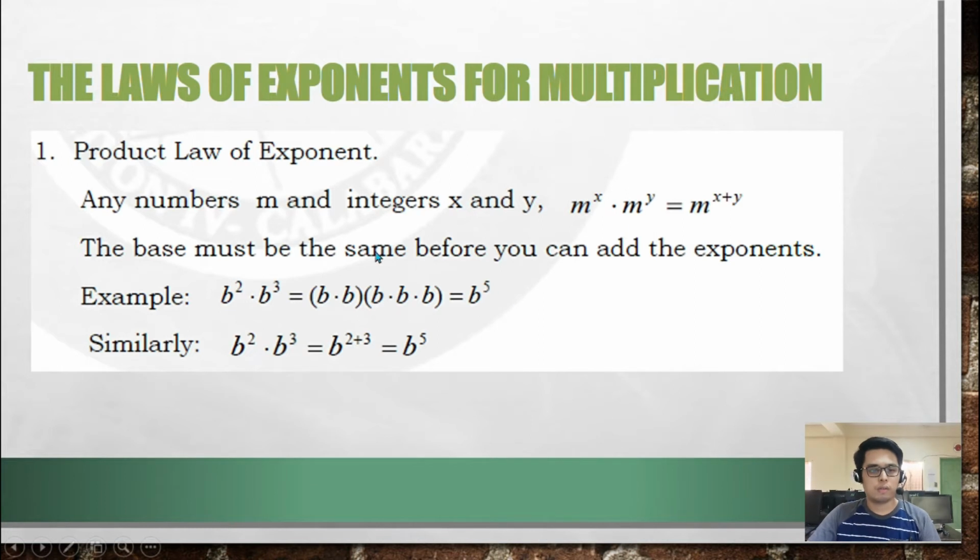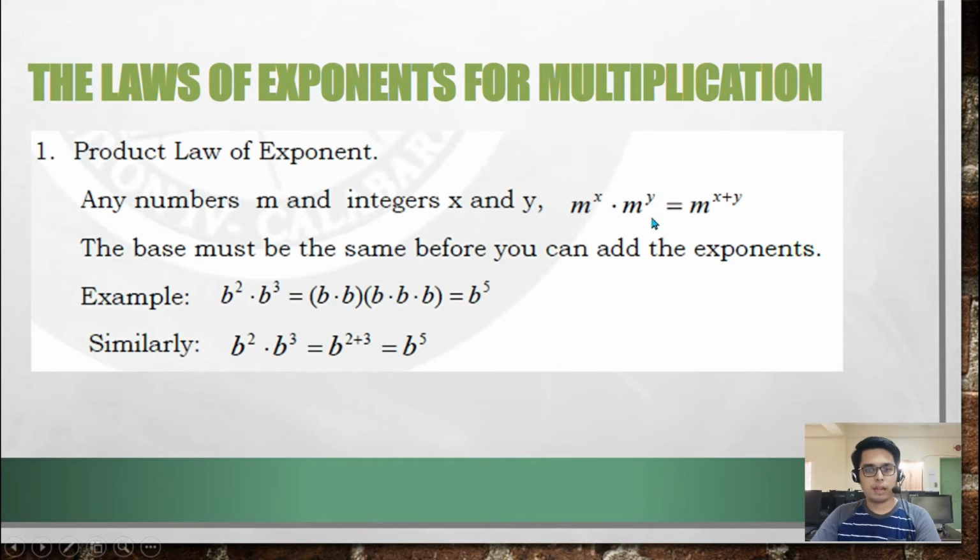So a product law of exponent, ito ay yung pag magmumultiply ka ng variable or base, kailangan parehas sila. Okay? Or term, magmumultiply ka ng term to another term, kung ang given ay same base, you will apply this law. So, any numbers m, and integers x and y, ganito yung representation ng first law natin.